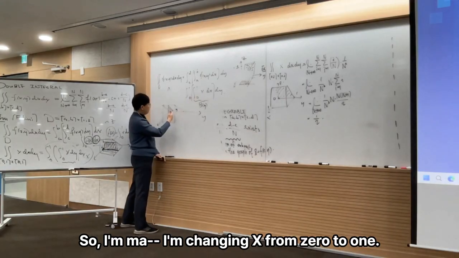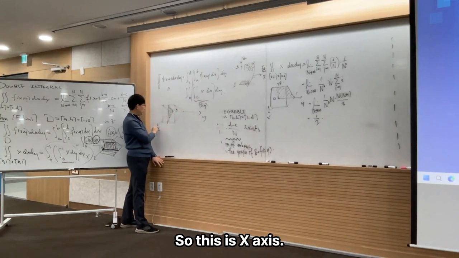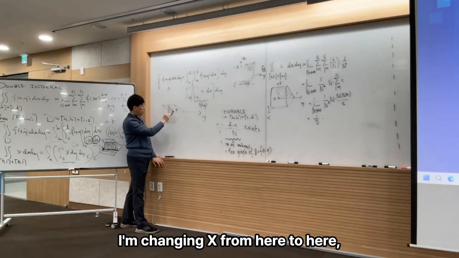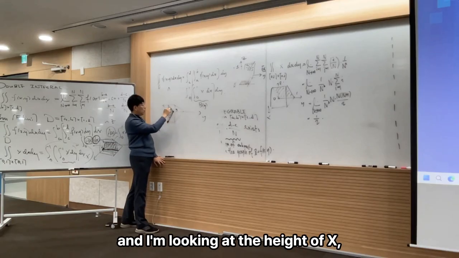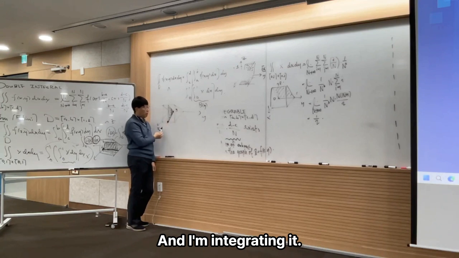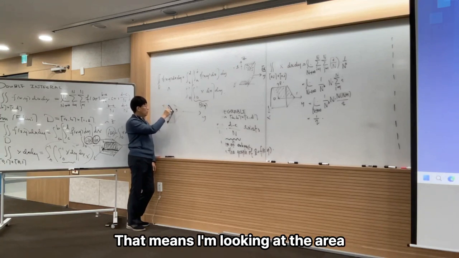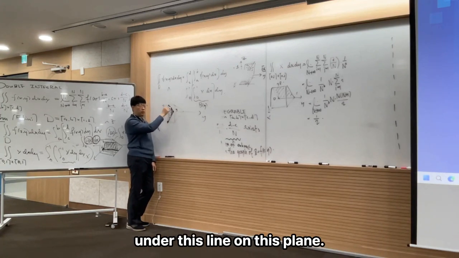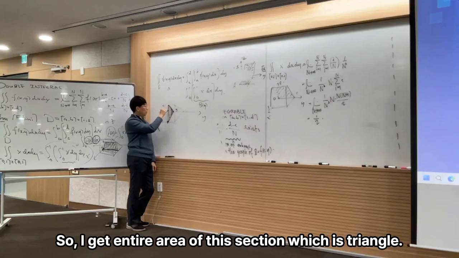I'm changing x from 0 to 1, so this is the x-axis, and I'm changing x from here to here. I'm looking at the height x, which is the height of this section. I'm integrating it, which means I'm looking at the area under this line on this plane. So I get the entire area of this section, which is a triangle.